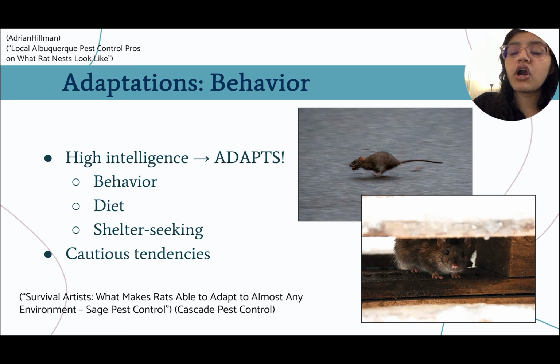They also have cautious tendencies because of their poor eyesight, which means that they use their whiskers, paws, and tails to essentially create a memory map in their brain to memorize what their environments feel like and vibrate like. And if any one of those feels out of place, this causes their cautious tendencies to kick in and they'll only remain in the places that they know are safe.